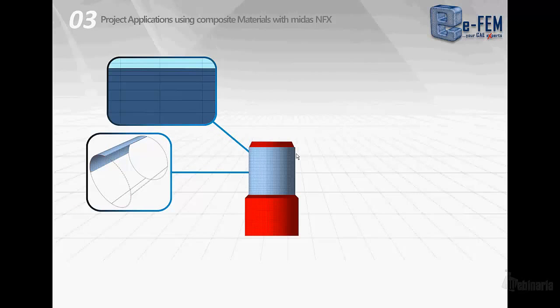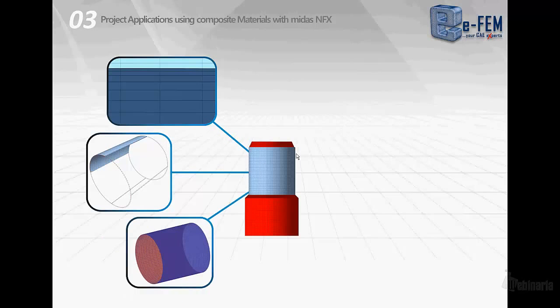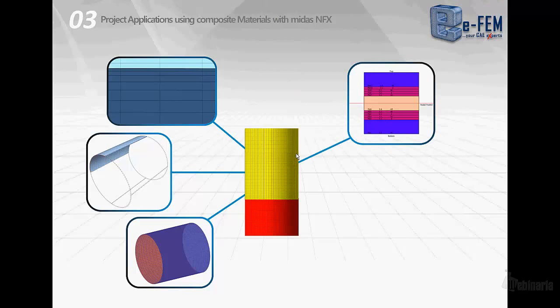The glue has been discretized with 2 layers of 3D elements in order to have an accurate stress distribution, and a bonded contact has been used to link the glue with the aluminium and both with the composite part of the joint.